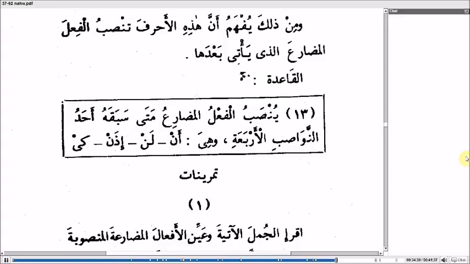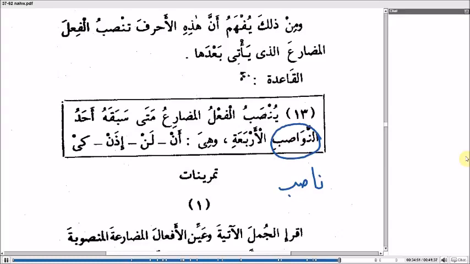Those things which make something mansub is called a nasib, right? An is a nasib, lan is a nasib, idhin is a nasib, kay is a nasib, and together they are nawasib, the plural. Nawasib al-arba.